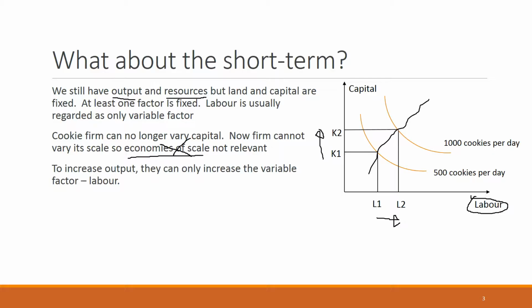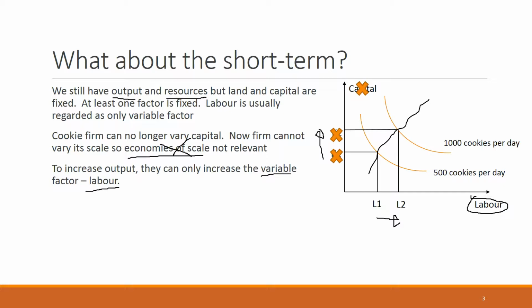To increase output now, our firm producing cookies or cars, computer software and so on can only increase the variable factor, which is labor. That means that they can't move from capital 1 to capital 2, which kind of makes it pointless having capital on the axis here.